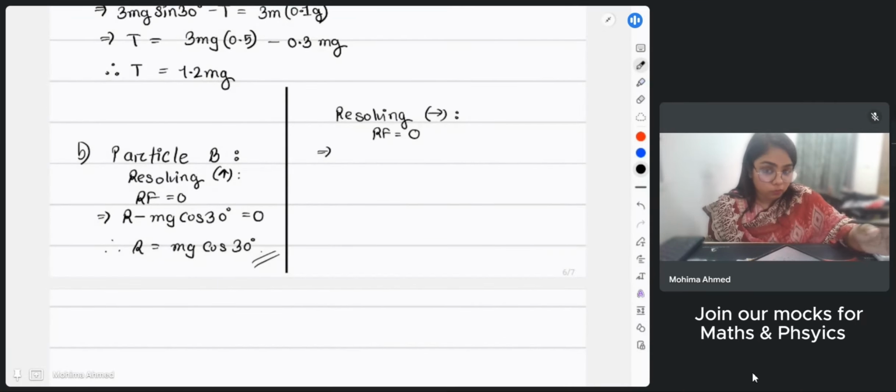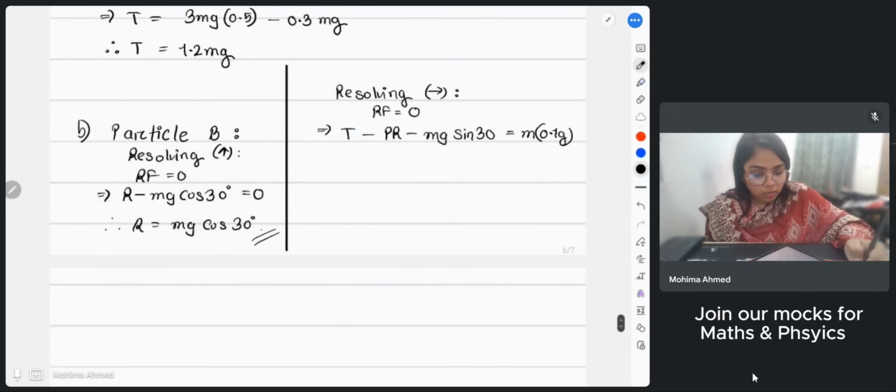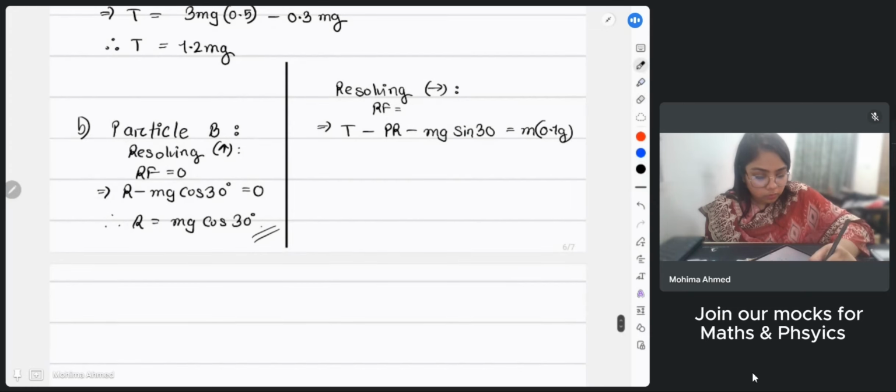So T minus PR, which was your reaction for friction, and mg sine 30 is equal to m 0.1 g, right? This was the value for your acceleration. Wait, sorry. This is going to be m 0.1 g, because the object has acceleration down the plane, right?